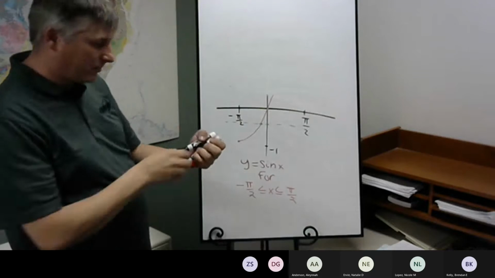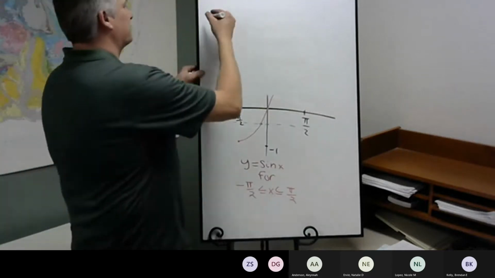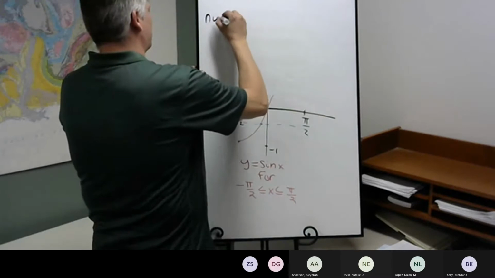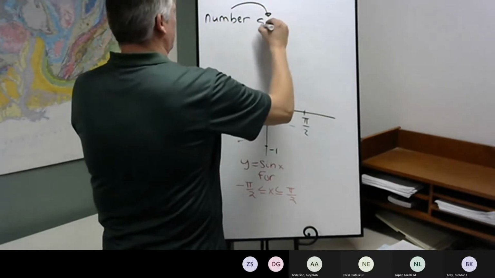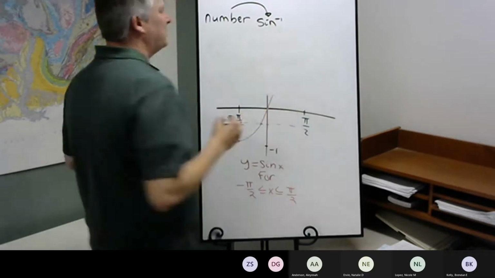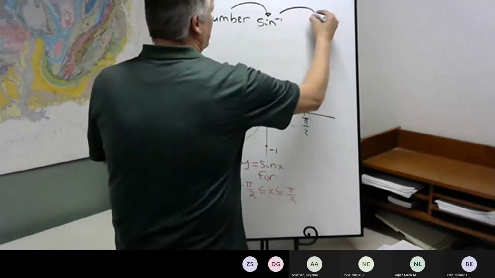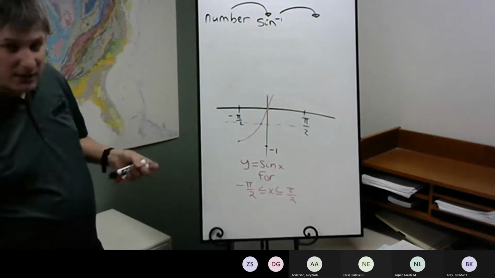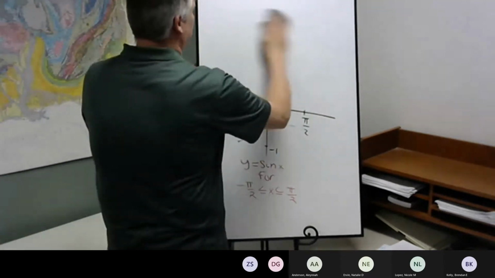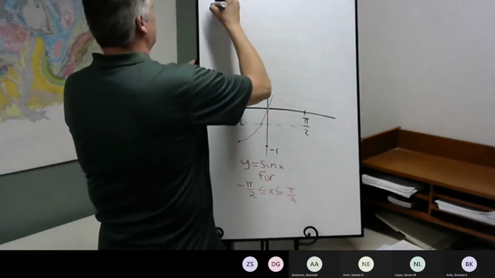So this is how it works. What we're going to do, we're going to take a number, and it goes into the sine inverse function. And what's going to come out of the sine inverse function? Here, let me get a little ahead of myself. This is what we're going to do.